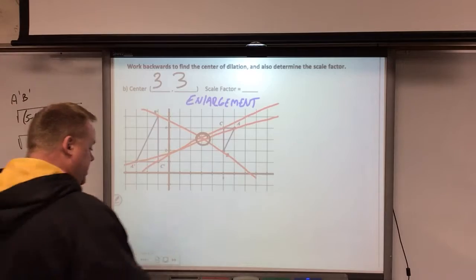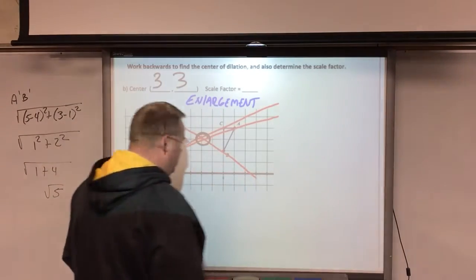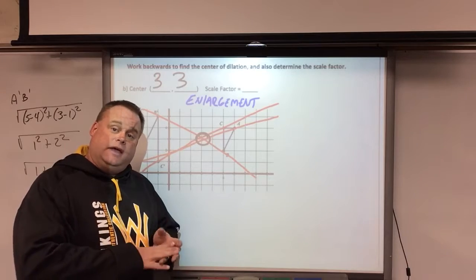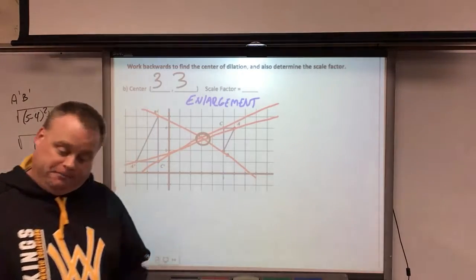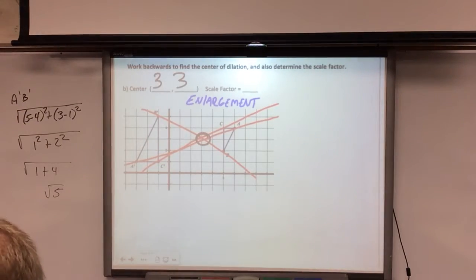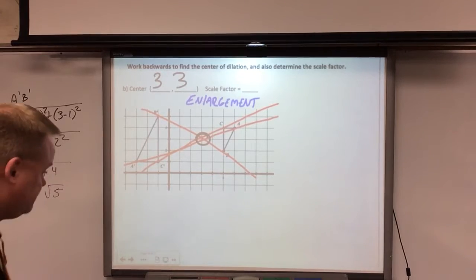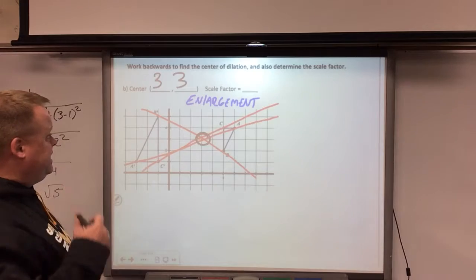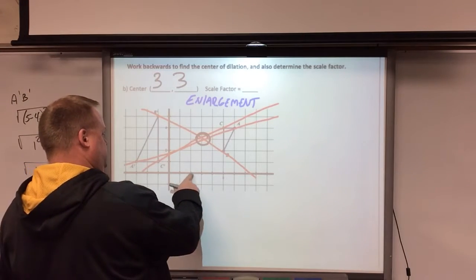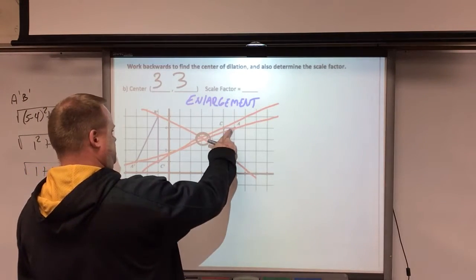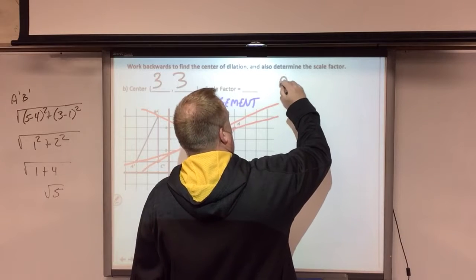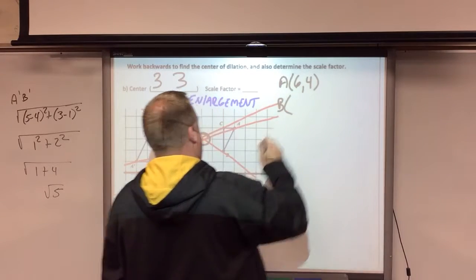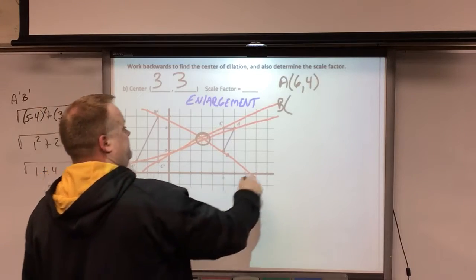Now, we need to find the distance of every one of these, so I'm always still going to use the distance from A to B and from A prime to B prime. Here we go. A is at 1, 2, 3, 4, 5, 6, 6, 4. So my point A is at 6, 4. B is at 5, 2.